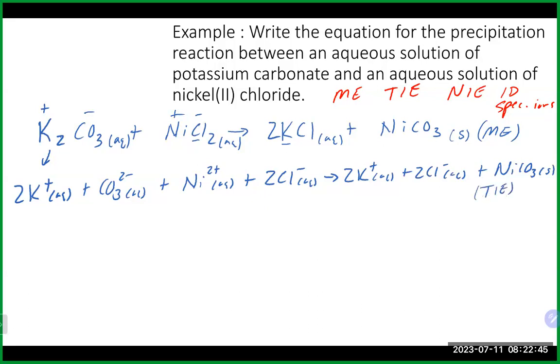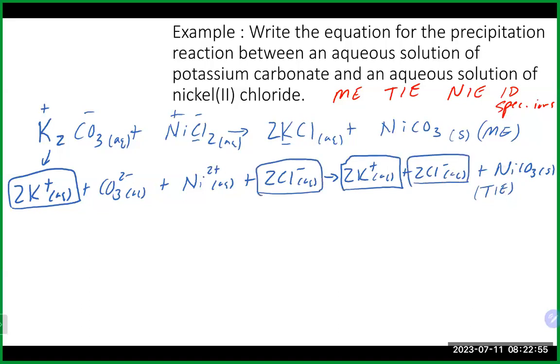And here we will look for our spectator ions. We have a couple of potassiums on each side. We also have a couple of chlorides that look exactly the same on each side. And as you can see, we also have the same amount of those ions on each side, which is important. Those are going to be our spectator ions, which means we will cancel them out.